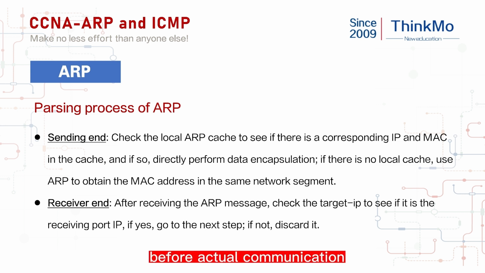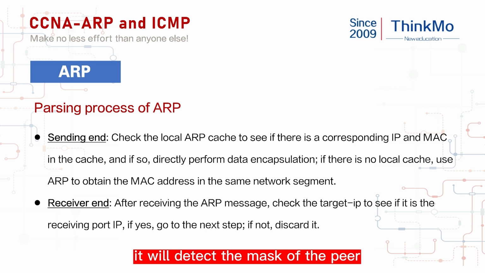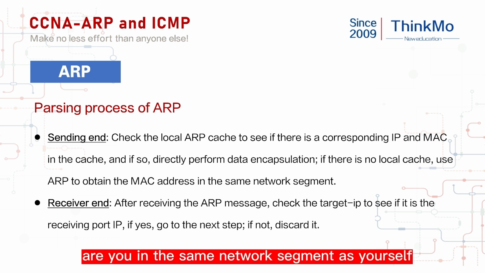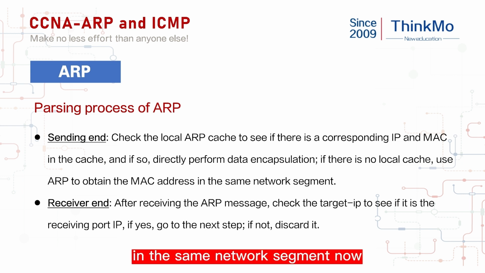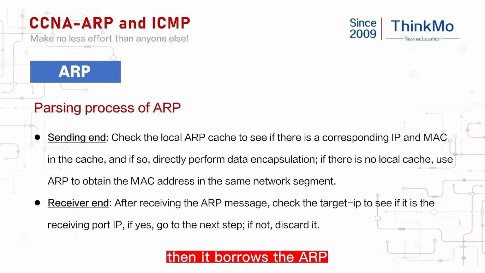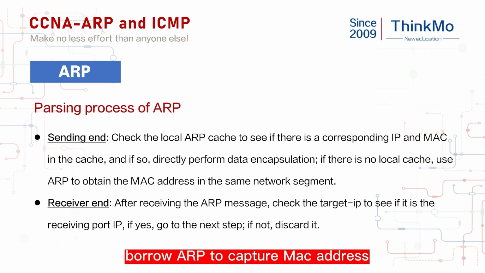Before actual communication, it will detect the mask of the peer. Are you in the same network segment as yourself? If the two are considered to be in the same network segment now, then it borrows the ARP to achieve overall operation. That is, borrow ARP to capture MAC address.